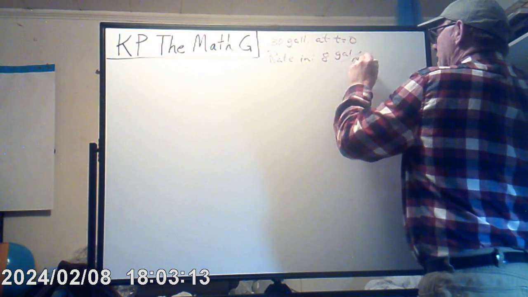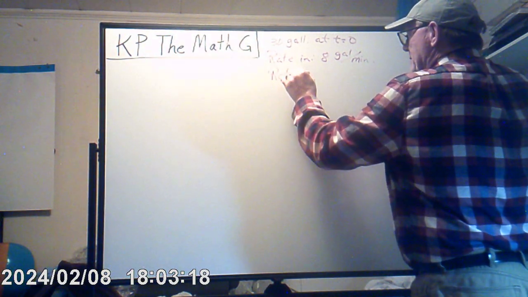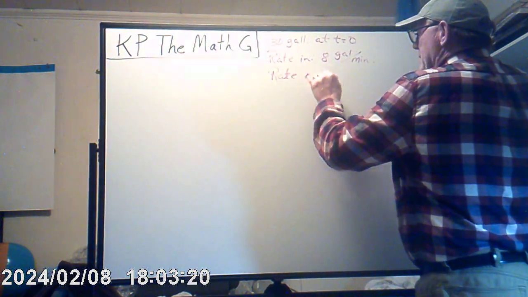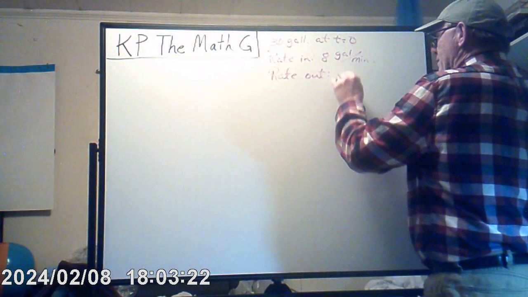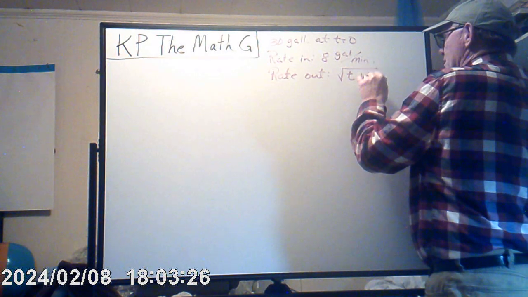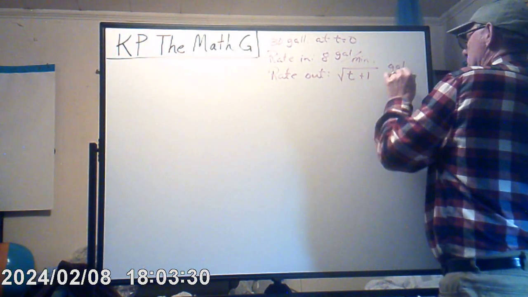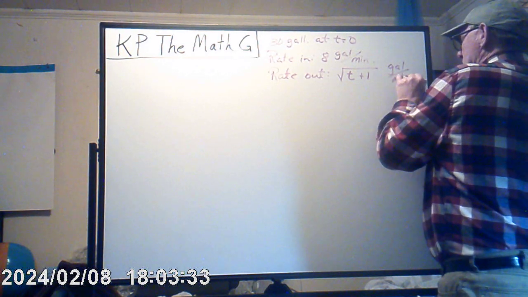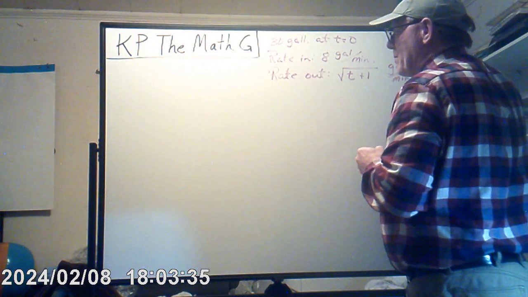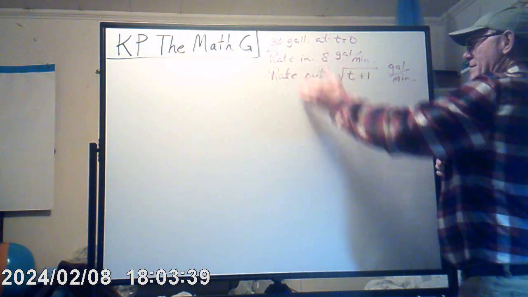Rate out, going out, we have the square root of T plus 1, and that is in gallons per minute. That's what we have so far, and that's what we just need to remember.